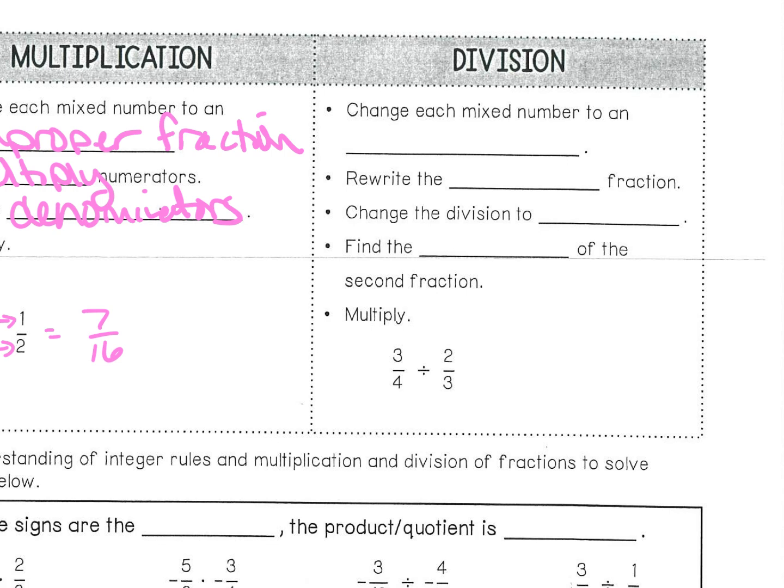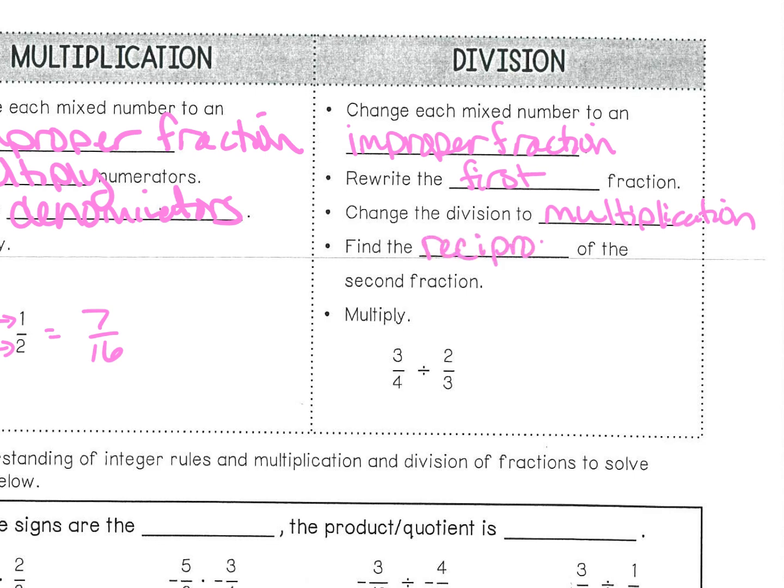Now for division, we're going to change each mixed number to an improper fraction if needed. Rewrite the first, and it goes keep, change, flip: you change the division to multiplication, and then find the reciprocal, or flip, of the second.